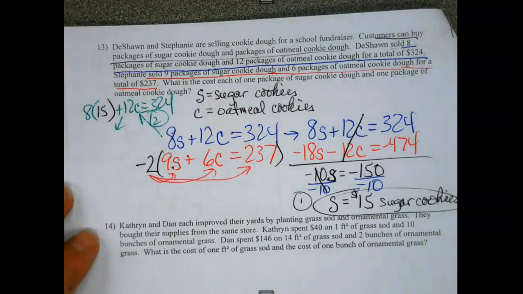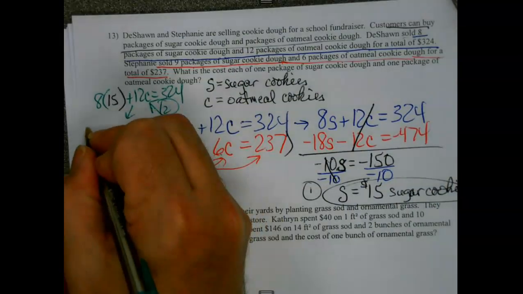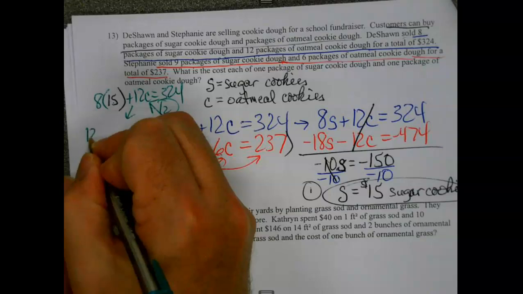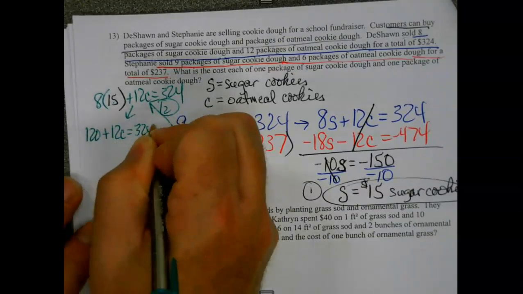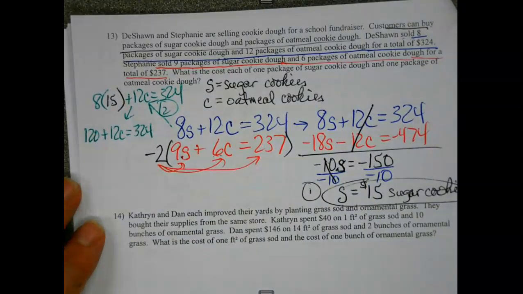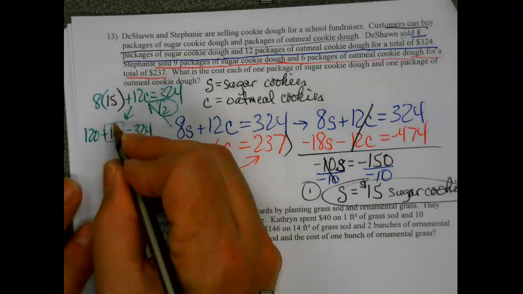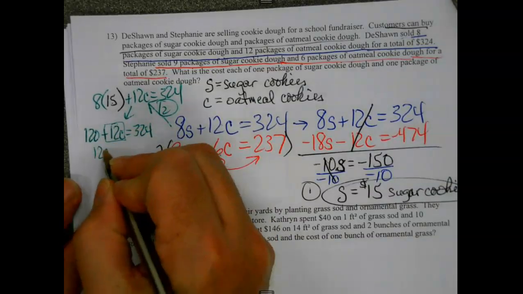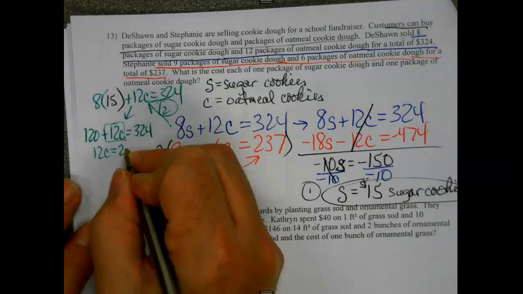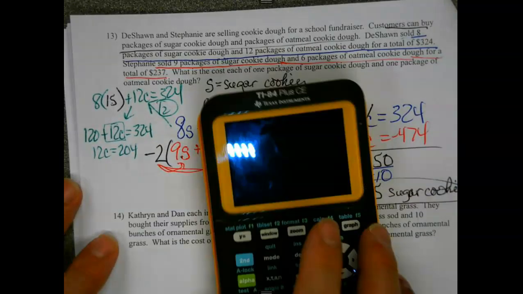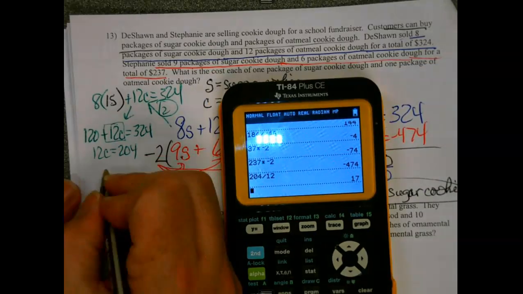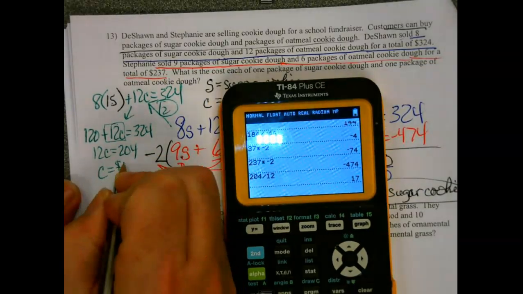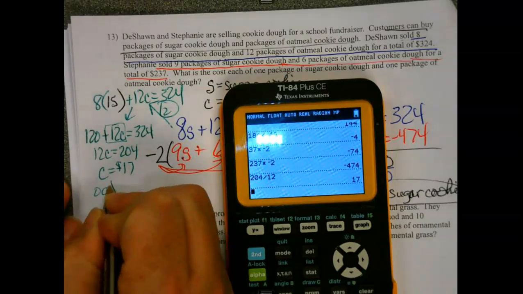So I multiply the 8 and the 15. And now we're back at a regular old two-step equation like we're used to. We're going to minus our 120 over. And again, we're hoping this goes in nice, and it does. With labels.